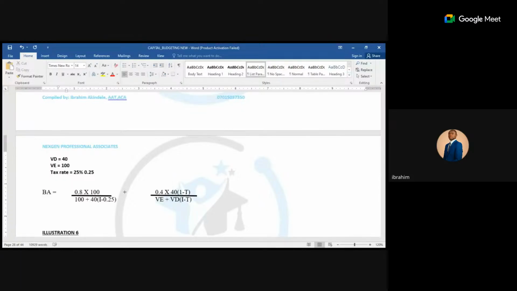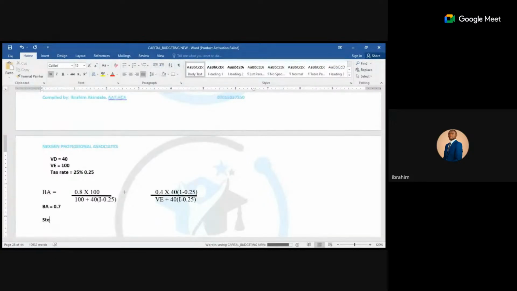The tax is 0.25. So what is the asset beta? Class, what is the asset beta? 0.7 is the asset beta.